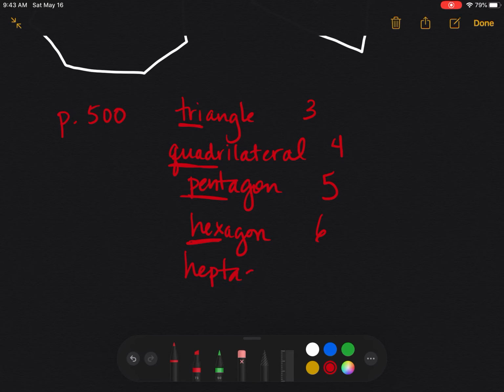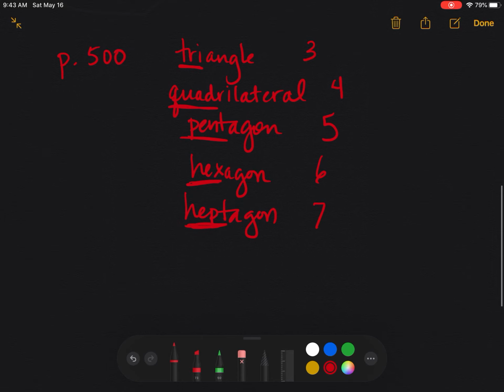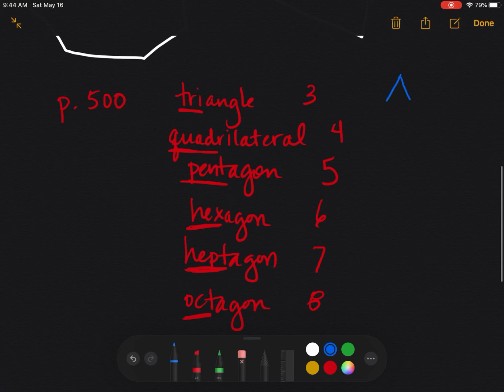Heptagon is 7. Octagon is 8, and so on. I'm not going to keep going on all of them, okay? These are the biggies that you will run into, all right? And, you know, you've seen them all. I'm not going to draw them all either because I'll do a terrible job, but quadrilateral can be anything with 4 sides. Pentagon can be anything with 5 sides. Hexagon, let's see, hexagon. And they don't have to be exactly this shape, right?